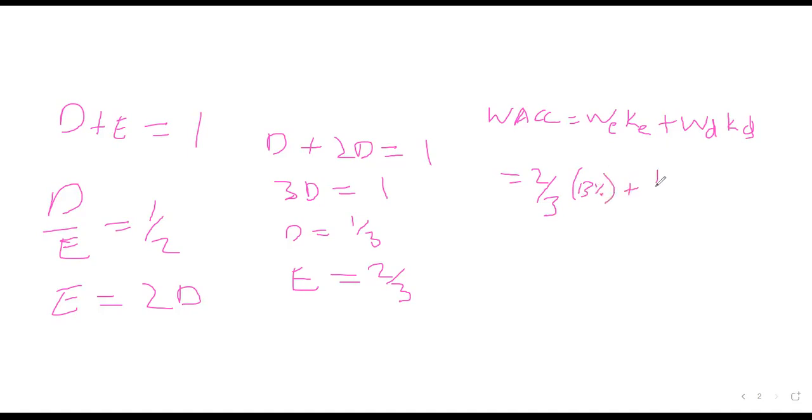The weight of debt, 1 over 3, and what did we find? 7.05%. Compute this. Ultimately, you're going to find 10.97% as your WACC. This is how we find WACC using the weights.